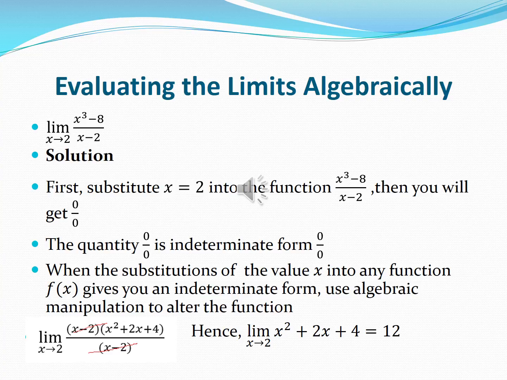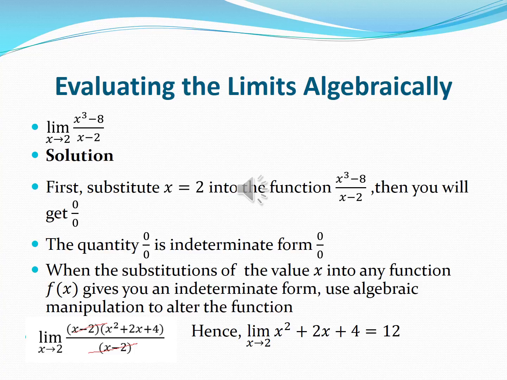Evaluating the limits algebraically. If you have the limit as x goes to 2 of (x cubed minus 8) over (x minus 2), first we do the substitution. We substitute x equal to 2 and we get 0 over 0. The quantity 0 over 0 is an indeterminate form. Then we use factoring techniques.